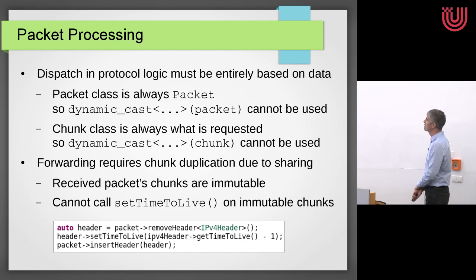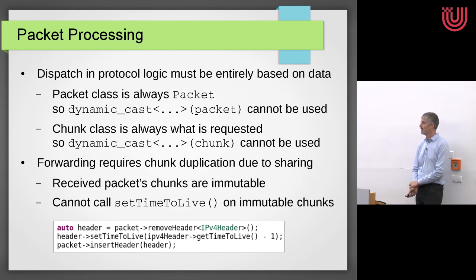Yes, in the past, INET used to contain a lot of dispatch mechanisms based on the actual C++ class of packets, which is no longer the case because it's always packet. You cannot dispatch on that.